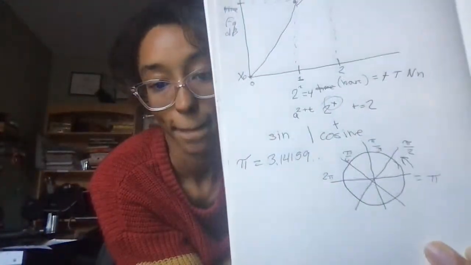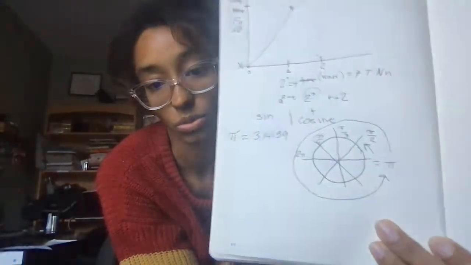So you might have pi over 2, pi over 3, pi over 4, 2 pi, like so. And then that continues all the way around until you get back to pi. And that is how you generate a circle. And then you have a sine and a cosine wave.